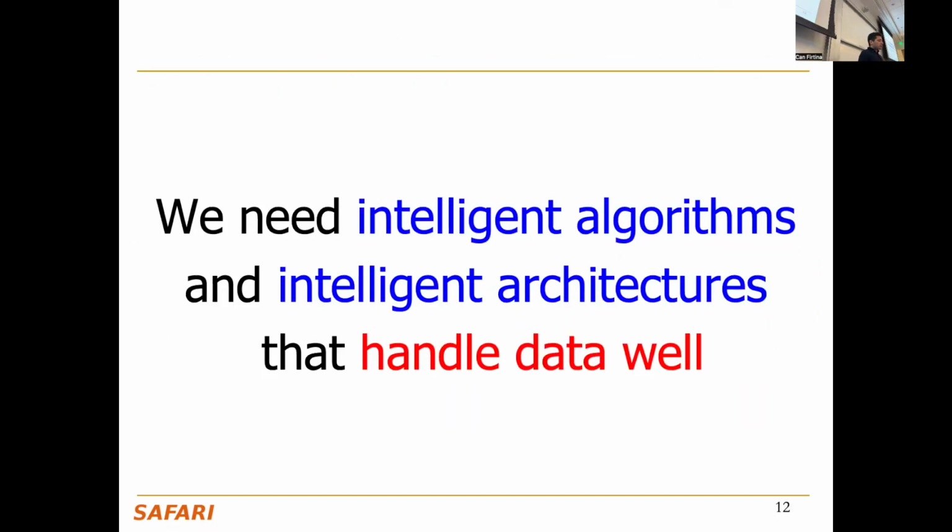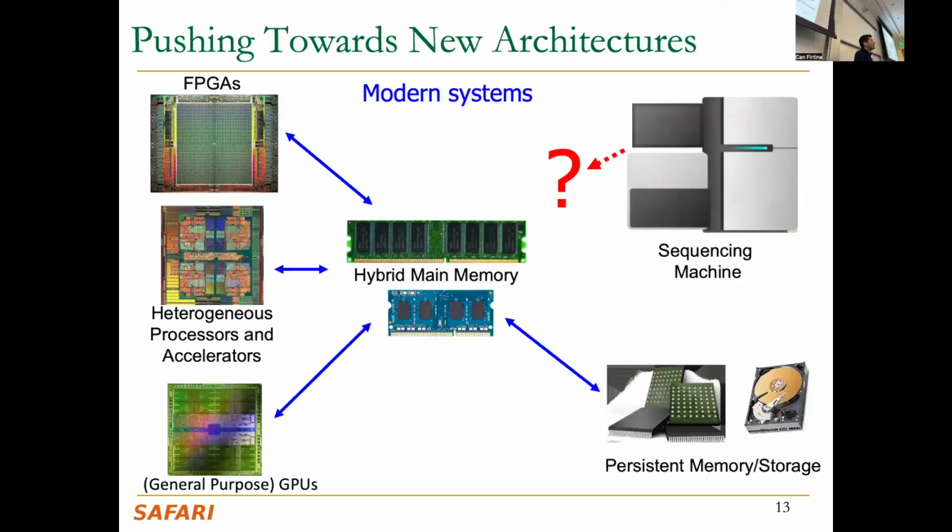Based on this observation, we clearly see that we need intelligent algorithms and intelligent architectures that handle data well. So the main question is, given the needs of the data that we want to analyze, what set of architectures should we use? There is commodity hardware such as FPGAs, GPUs, and CPUs that many people are using, but there are also emerging technologies that people are looking at.